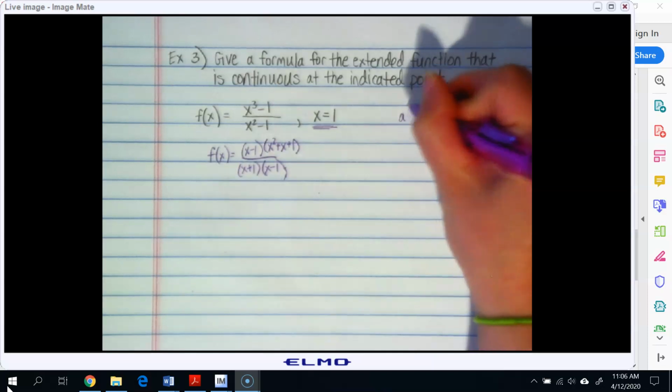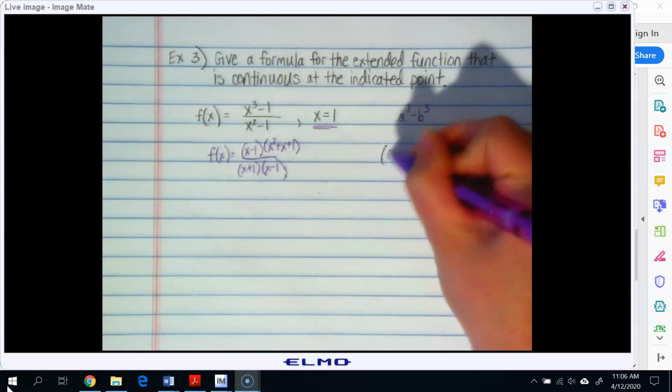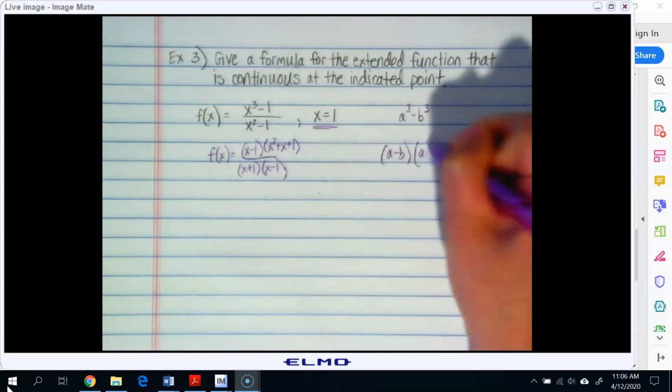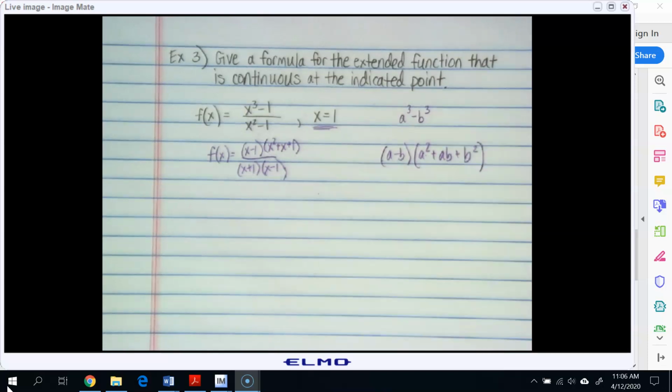A difference of cubes, so that's something like this, will always factor into a minus b, and then a squared plus ab plus b squared. Not the most important formula to remember, but it does show up from time to time, so if you can remember it, that'd be ideal. But if not, synthetic division will work.